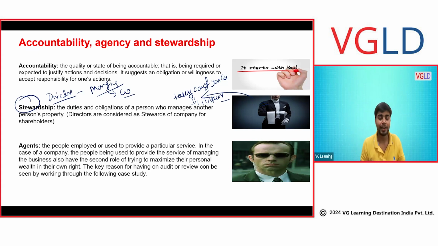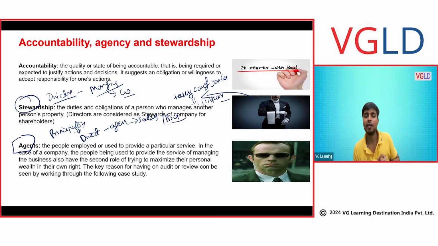But there is a contradictory theory, which is agency theory. Because principals are shareholders, they have invested money, and directors are merely agents. They are only concerned with their salary and bonus. So they are not concerned with the well-being of the company. And because they are not concerned with the well-being of the company, this creates an agency issue.